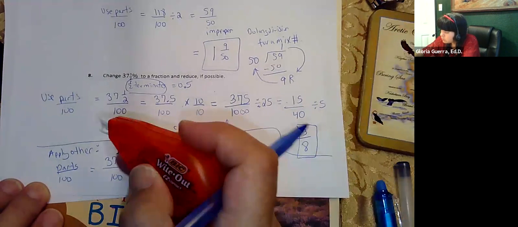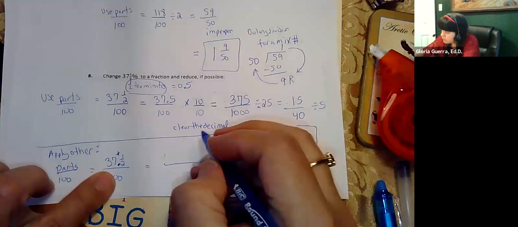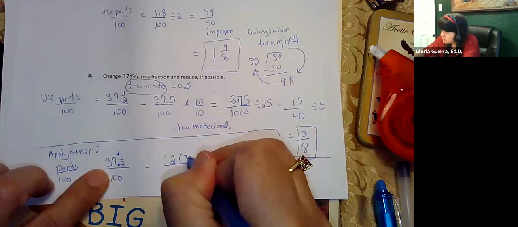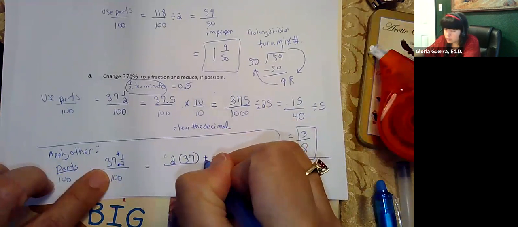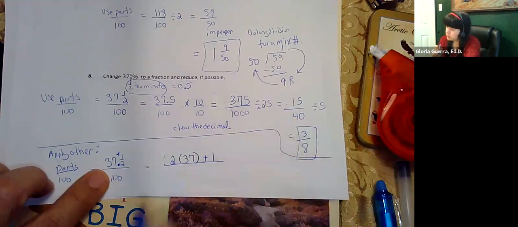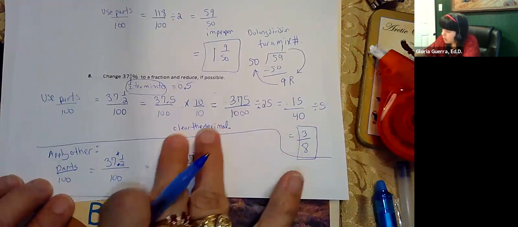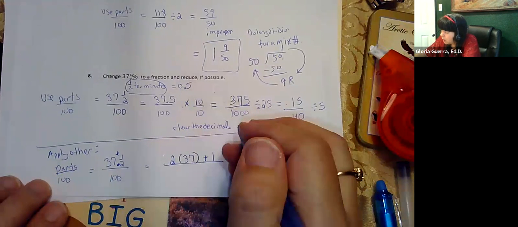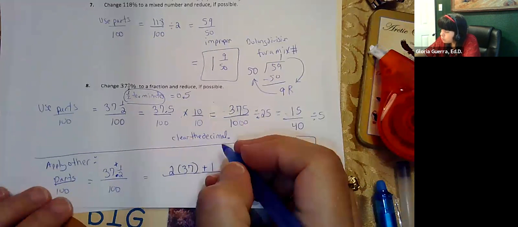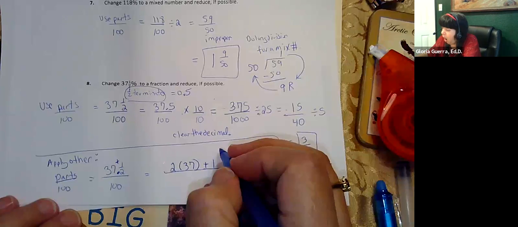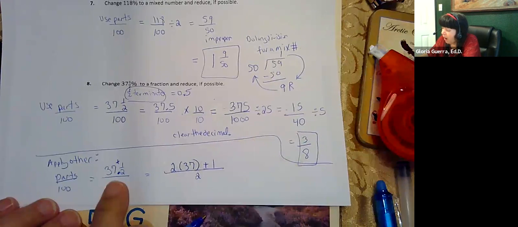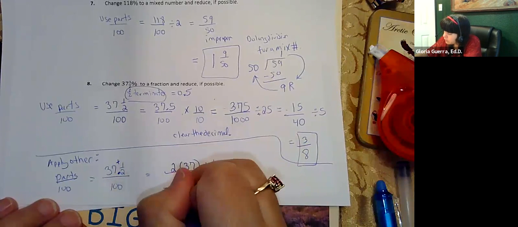So I'm going to do 2 times 37 plus 1, all over 2, right? And then you have all this over 100.